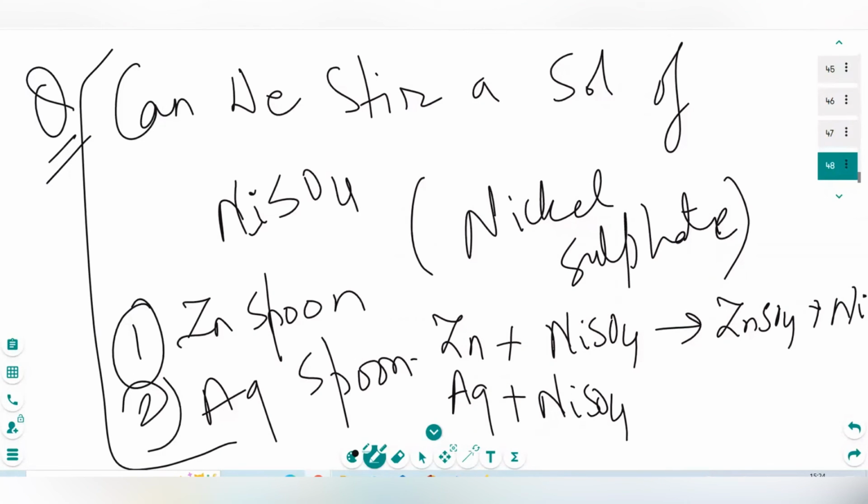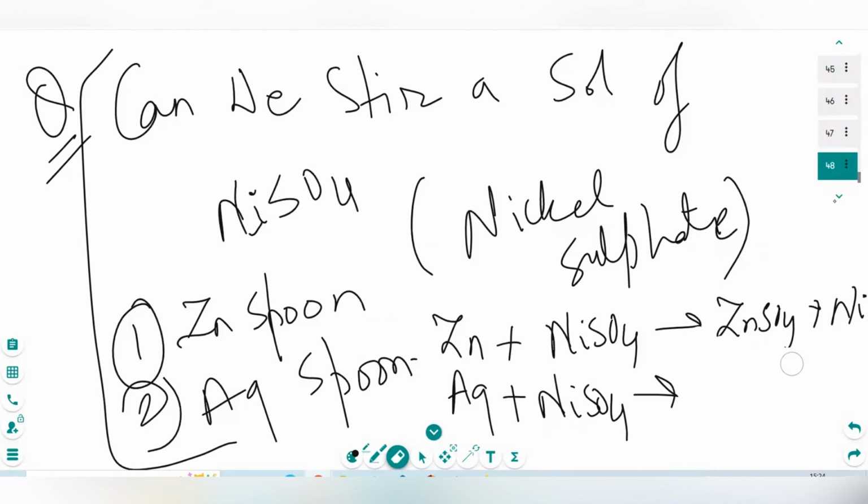You have to make the reactions on your own. So this will become Ag2SO4 plus Ni. So like this, you will get two reactions, and you have to tell me which one is feasible.